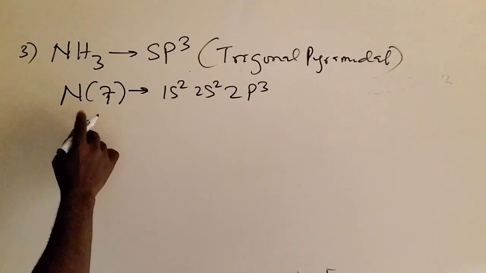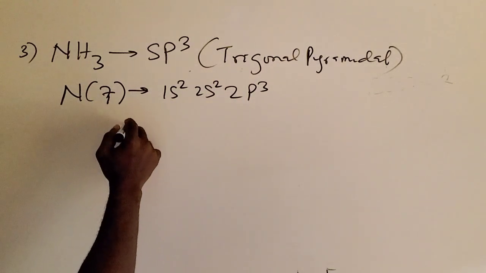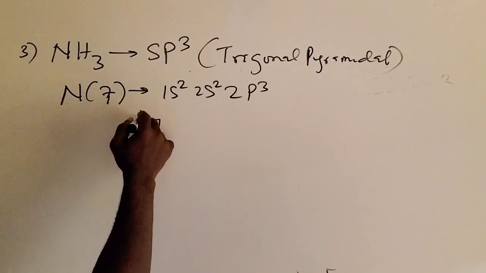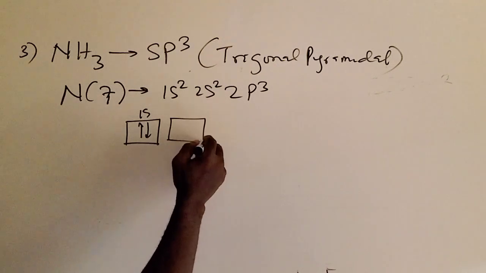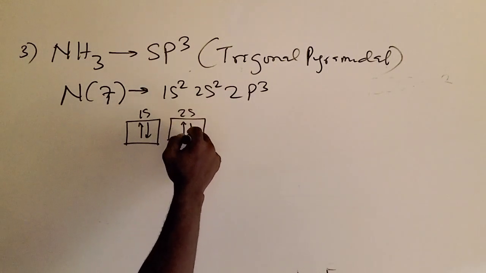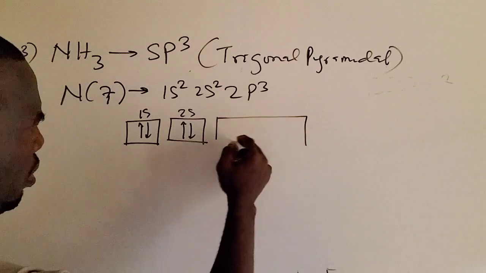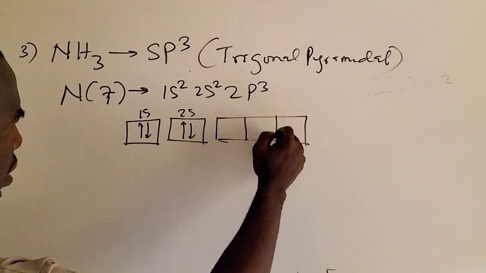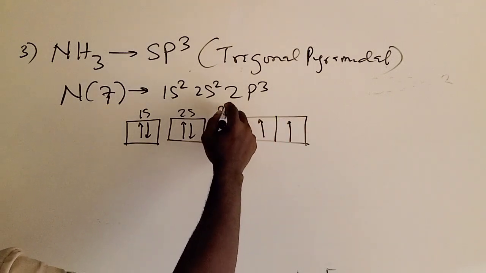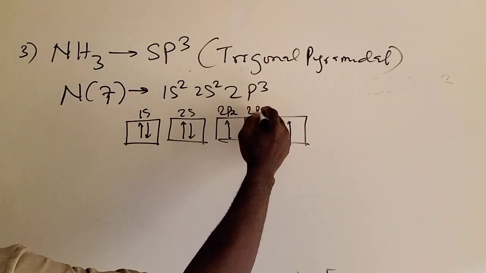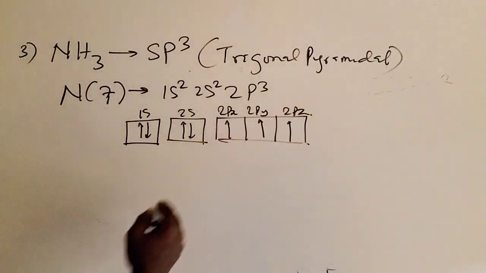Let's draw the orbital diagram of the atomic structure. 1s with 2, 2s also 2, 2p also having 3: 1, 2, 3, in 2px, 2py, 2pz.